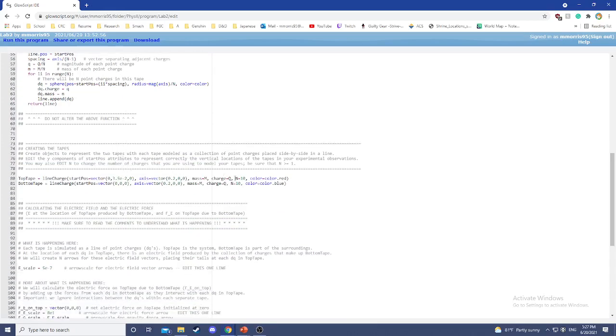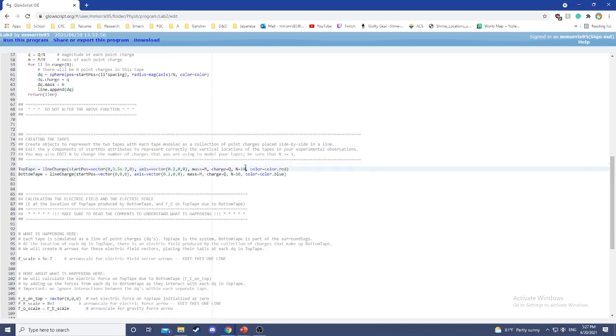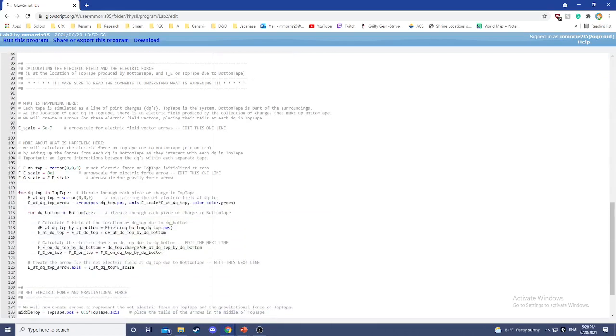Here's a function which we use to create two objects, which consist of n number of point charges, where we have n set to 10. In general, as this value of n increases, the estimate for our value for Q should be more accurate.